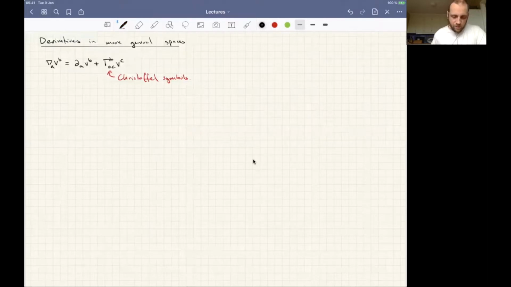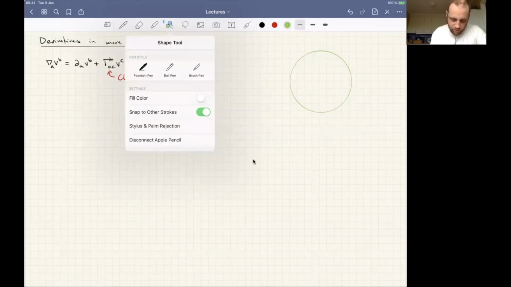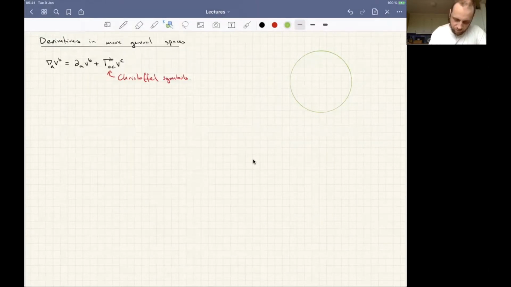These gammas were called the Christoffel symbols. Now, in a general space, such as a sphere, let's draw a sphere here. On the sphere, if you look at one point, for example this point, tangent vectors to the sphere are going to be in the tangent plane at this point.